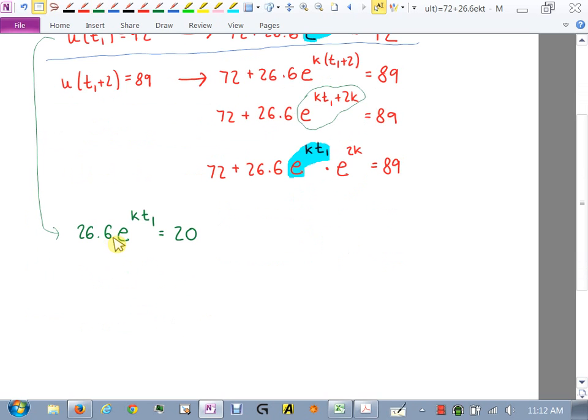Okay, let's get the exponent thing by itself, so let's get rid of the 26.6. So divide both sides by 26.6. Break out your calculators. We're going to need them. Thought I brought mine. I'm pretty sure mine's in here. Yes, it is. 20 divided by 26.6. Okay, so e to the kt1 equals 0.752. Is that all right? Approximately? Yes.